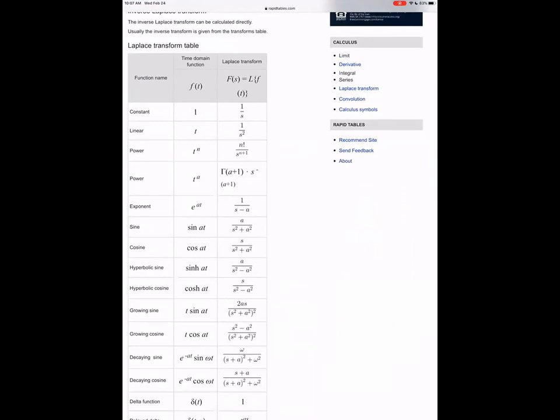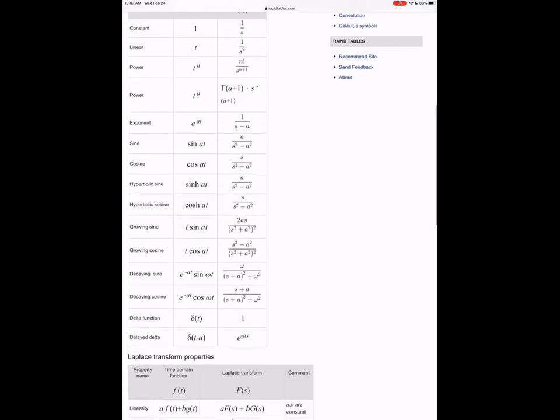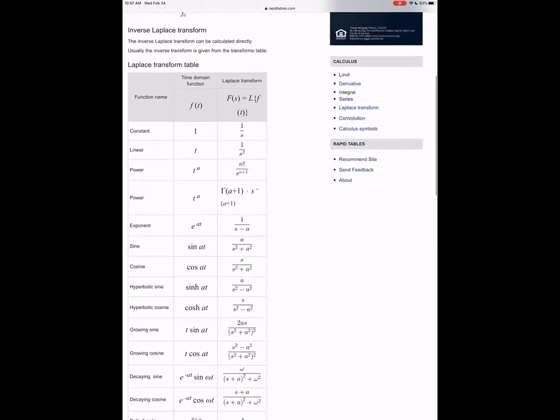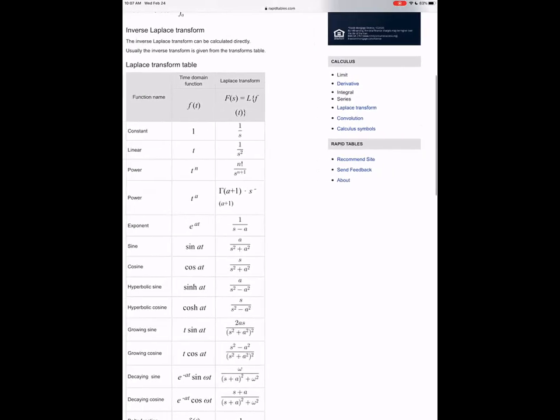Mathematicians include a lot more transforms that we actually don't look at in electrical engineering, and this is kind of a mathematician's table. I'll draw your attention specifically here to the exponent. It's listed as a positive exponent, e to the at.